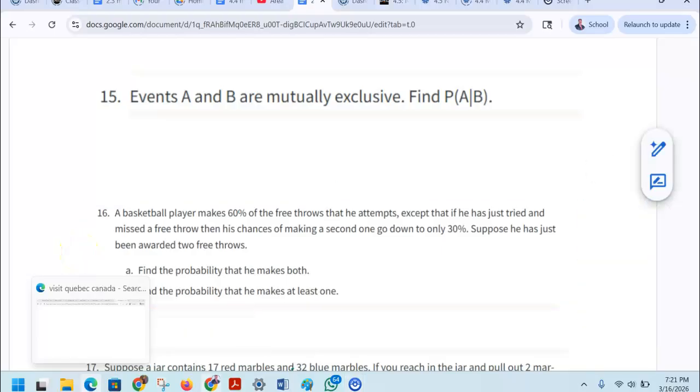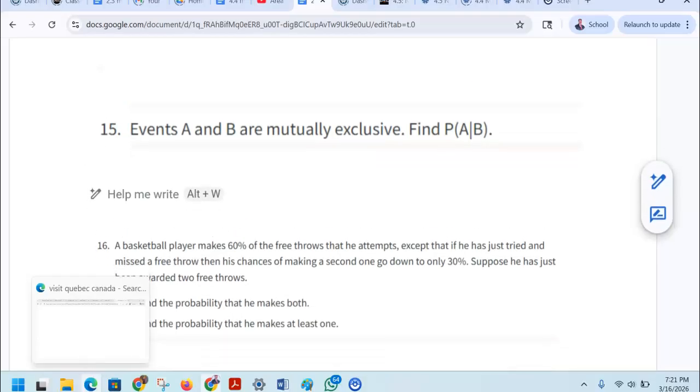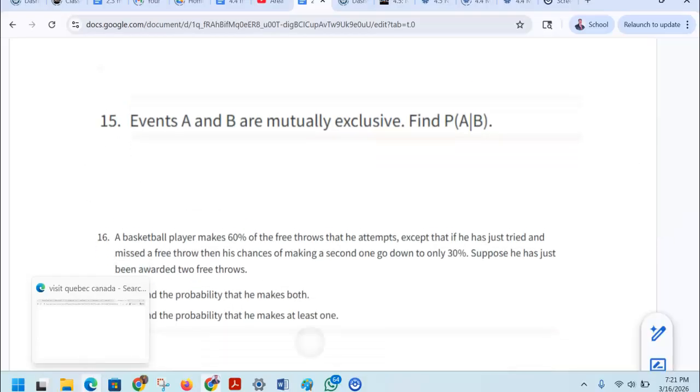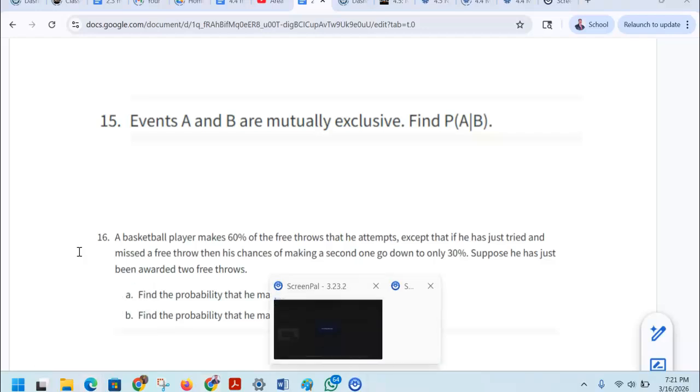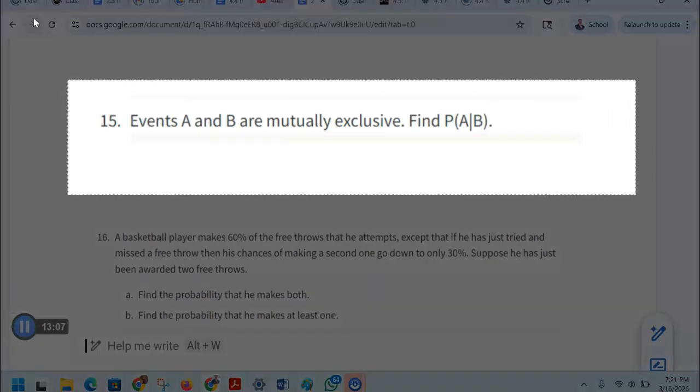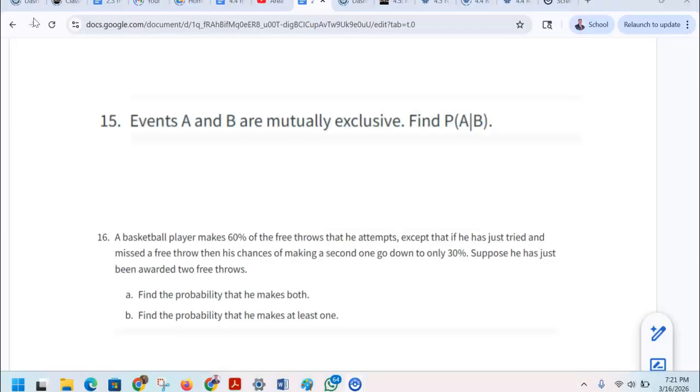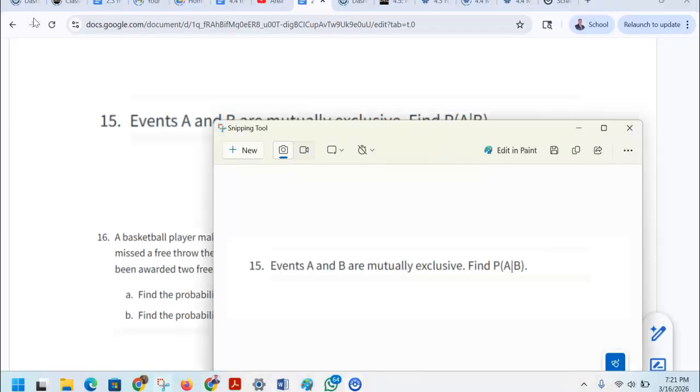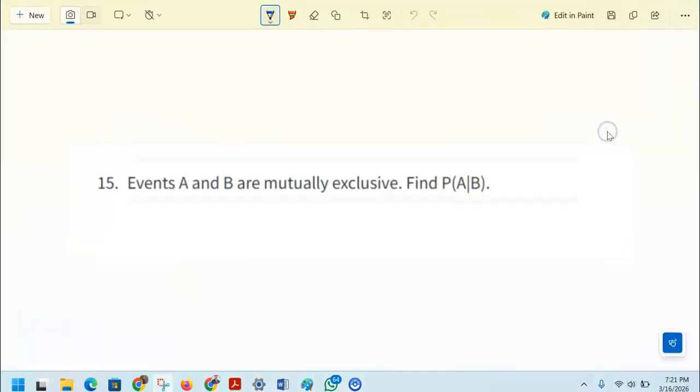Question number 15. Can I get an okay here? Question number 15 is saying events A and B are mutually exclusive.